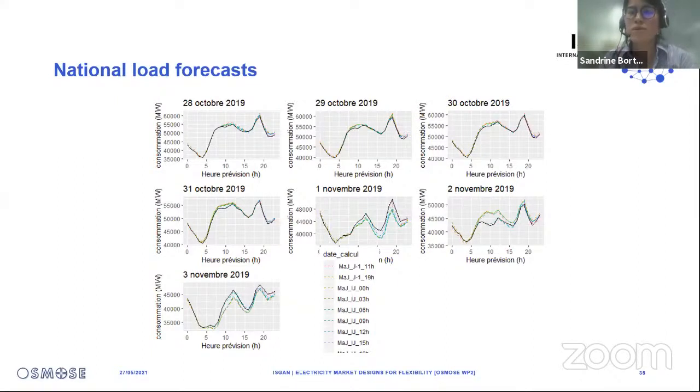So for example, you have the forecasted consumption in day ahead at 11 a.m., the forecasted consumption in day ahead at 7 p.m., and then updates every 3 hours in intraday. So we have all the data for the national level for load, but we also have this for other geographical scope like regional, zonal scope.